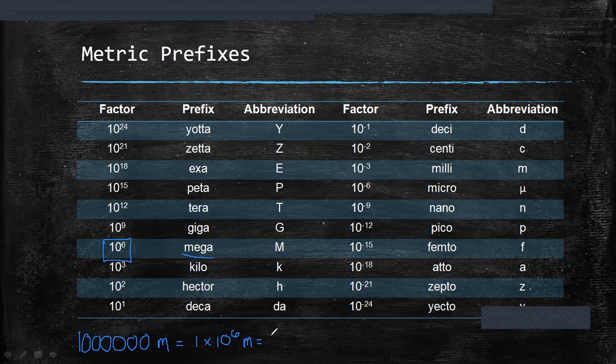Therefore, 1 million meter is equal to 1 megameter.